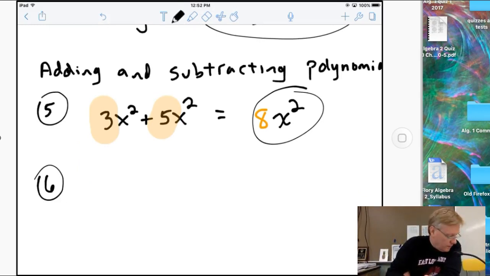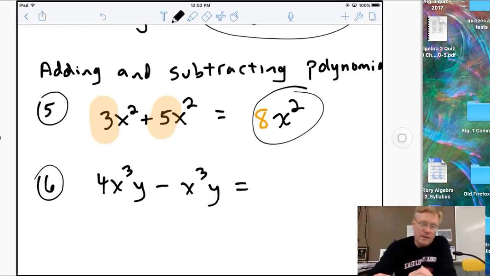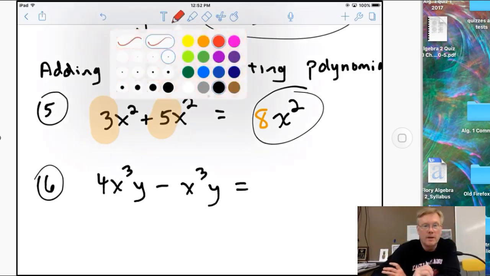Number 6 rather, 4x to the third y minus x to the third y. Okay, now in order to combine these, I can only combine x to the third y's with other x to the third y's. If you change the exponent on one of those y's, you can't combine them. They all have to be the same, all right? Now, what I'm going to do is just combine the coefficients.